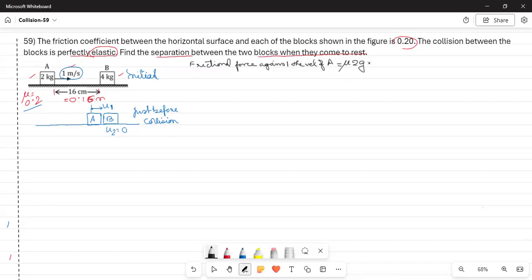So mu mg is 0.2 multiplied by 2, multiplied by 10. So the frictional force is 4 Newton.